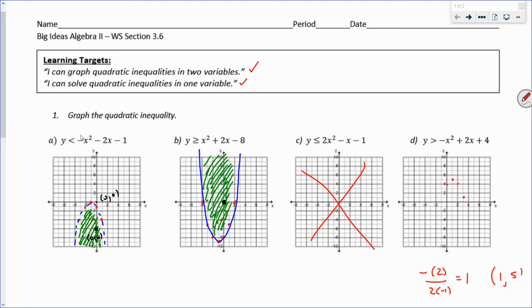If we plug in a 3, we'll get 1. We can get its mirror. If we plug in a 4, I think we'll get negative 4.